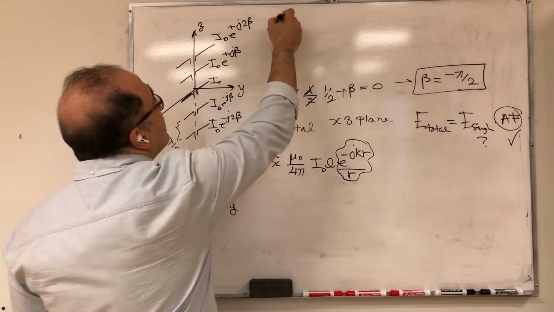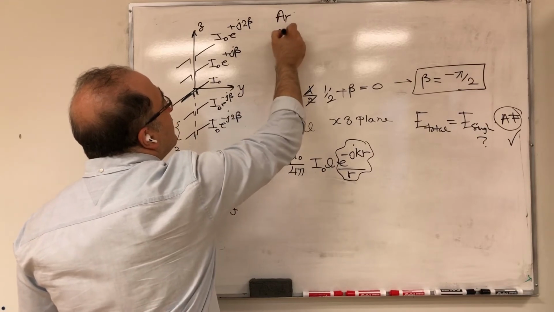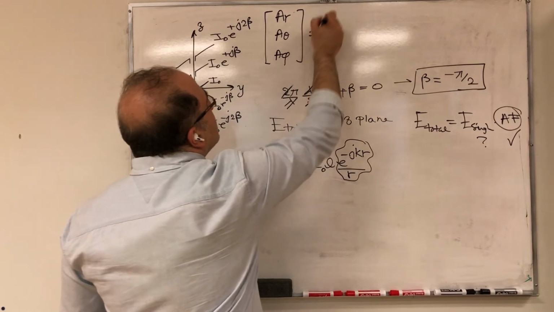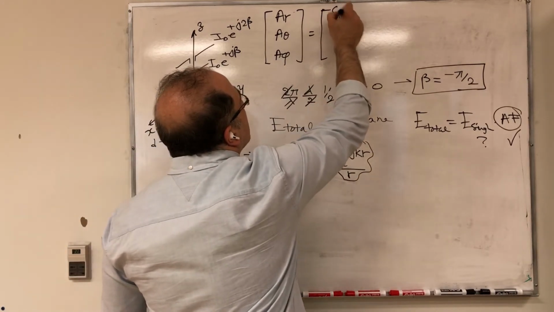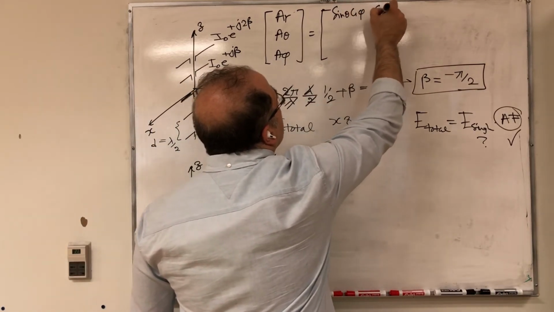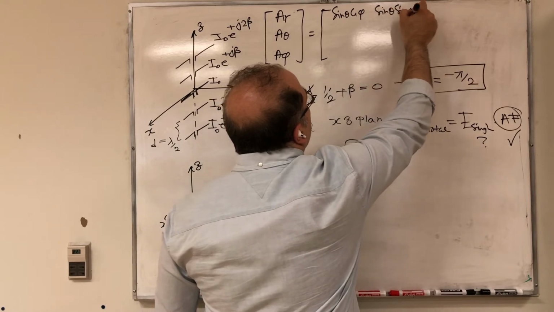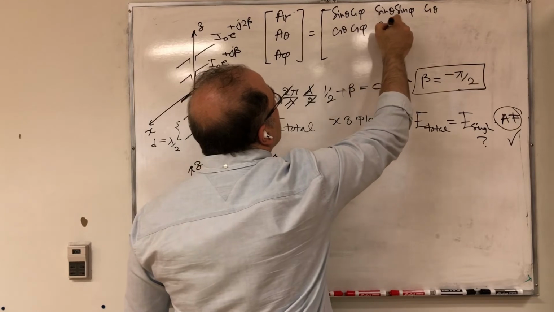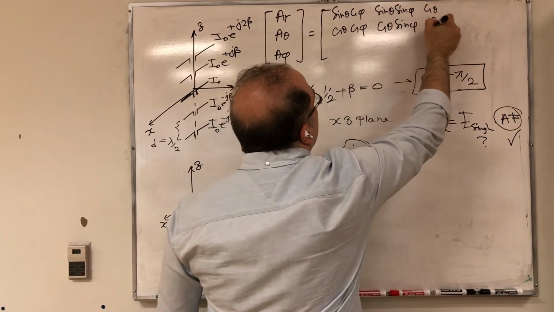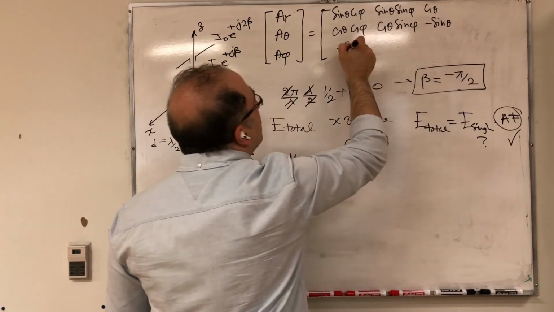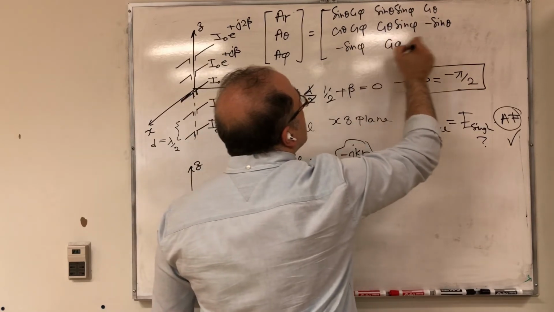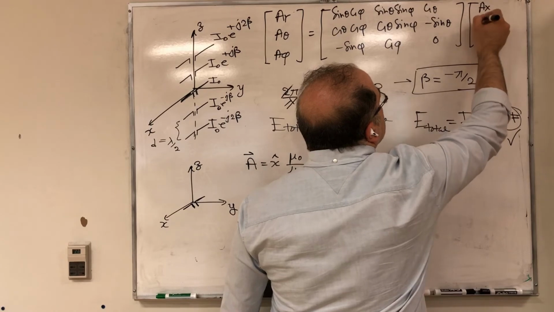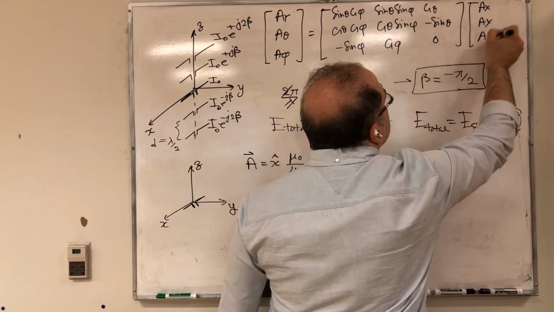So we know that A_r, A theta, A phi is equal to the matrix: sine theta cos phi, sine theta sine phi, cos theta; cos theta cos phi, cos theta sine phi, minus sine theta; minus sine phi, cos phi, 0; times A_x, A_y, A_z.